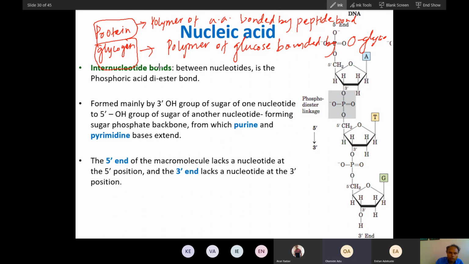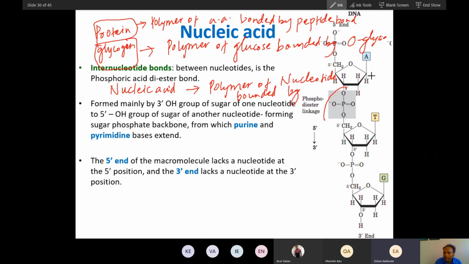Isn't it true? Yes, sir. What is nucleic acid then? Nucleotides, bonded by? N-glycosidic. But the N-glycosidic bond is not between nucleotides.